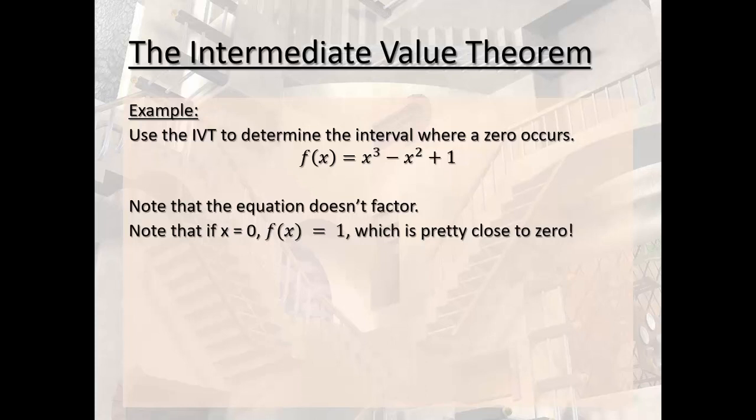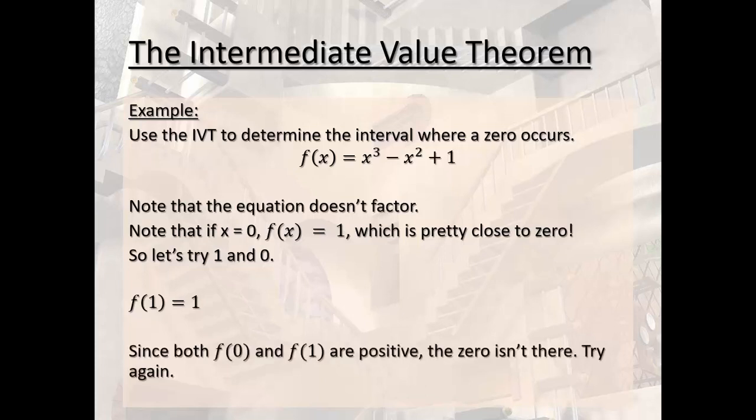So let's try some values close to 0 for x. Let's try 1 and 0, see what happens. f of 1, when you plug it in there, you get 1 minus 1 plus 1, which is 1. Since both f of 0 and f of 1 are positive, the 0 isn't there. So we're going to have to try some other values.